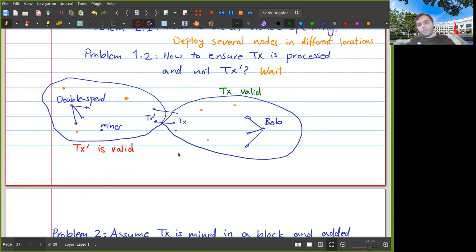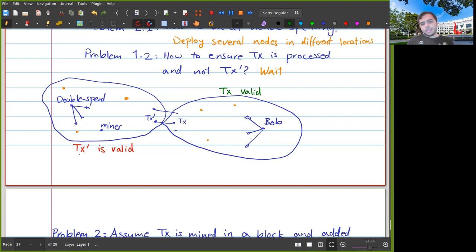So if, again, Bob has a lot of nodes that are strategically placed so that they're close to everyone in the network, and if Bob suddenly announces this particular transaction from all of his nodes, then it is very likely that the whole network will only hear about this transaction and will consider the second transaction as invalid.